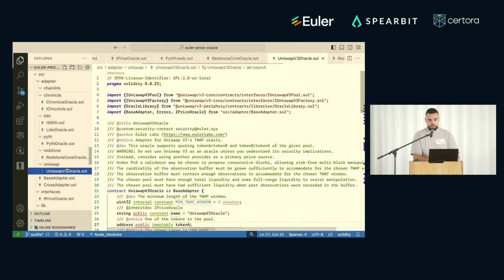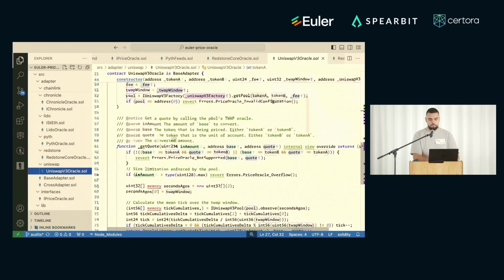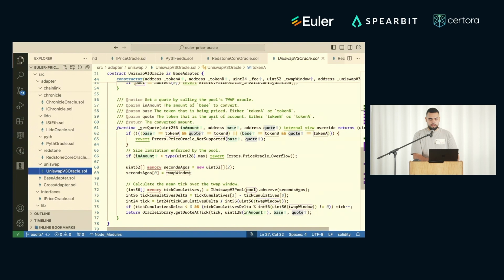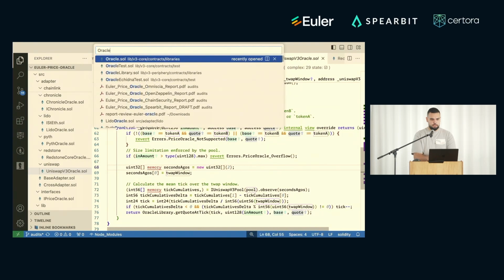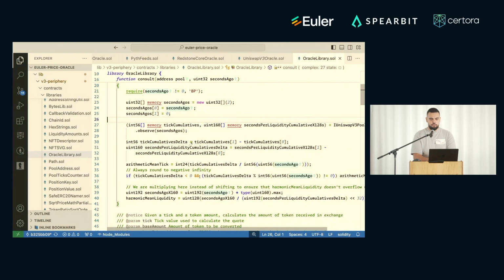We also have a Uniswap v3 TWAP, which is actually a very, very standard implementation of the TWAP. This right here is the same logic as OracleLibrary.consult. Same logic, except we don't track the harmonic mean of the liquidity because we don't care, but it's basically unmodified.